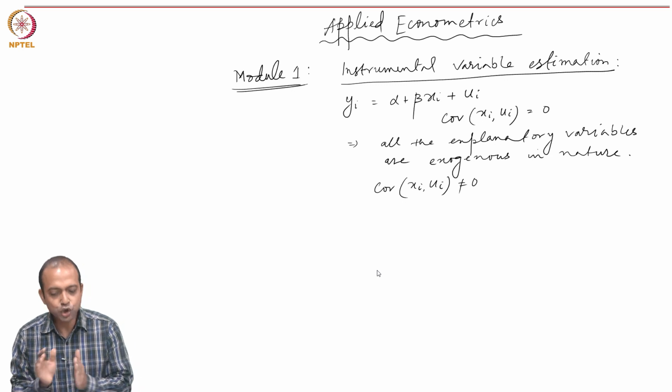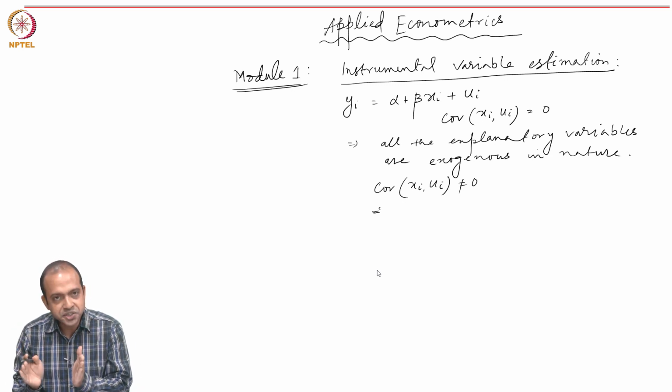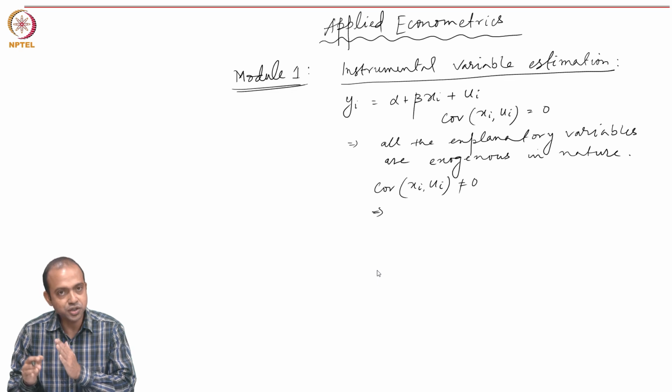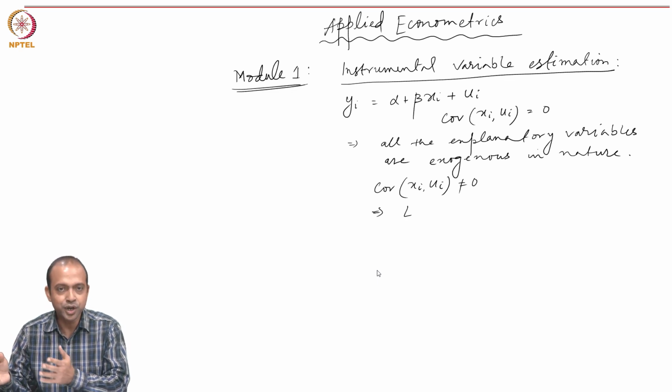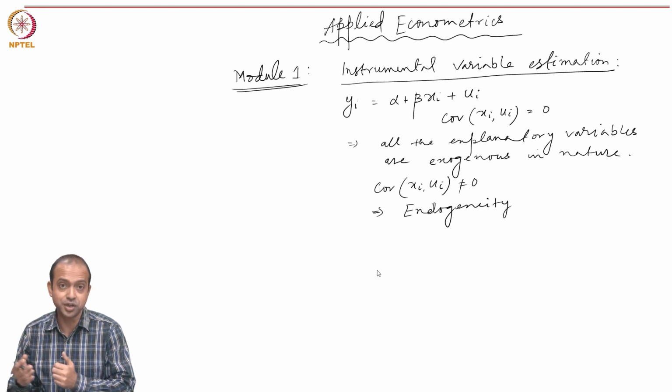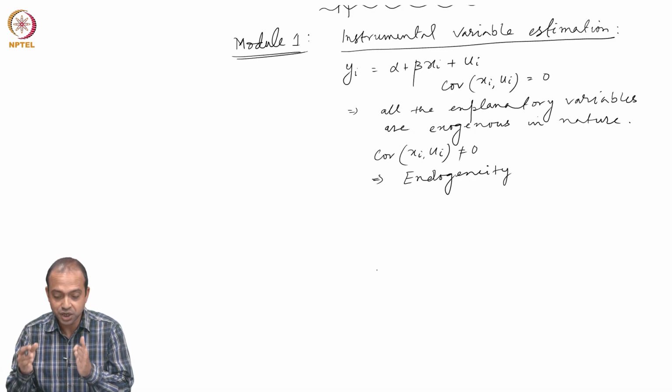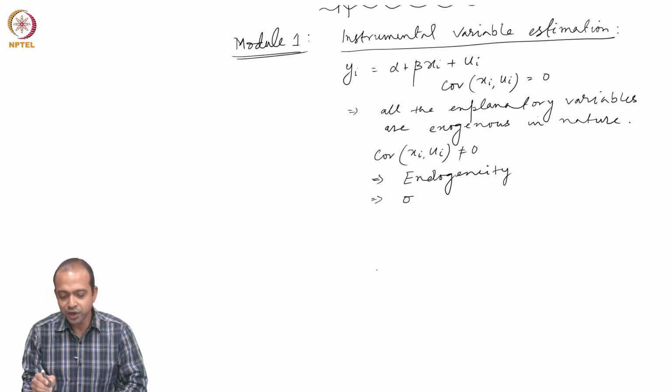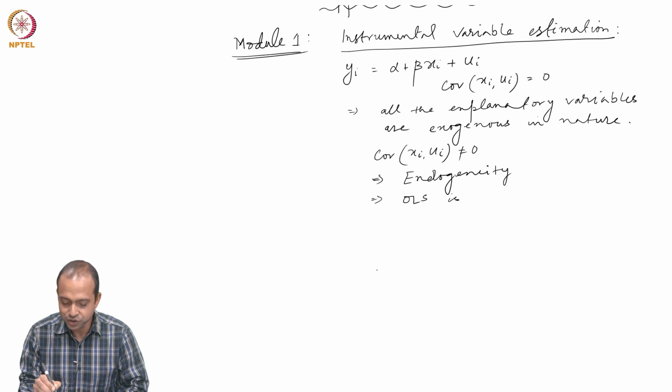So, in this module, what will we do? We will first discuss the consequences of applying OLS when your exogenous variable becomes endogenous. Then we will come up with an alternative estimation technique, which is called instrumental variable.